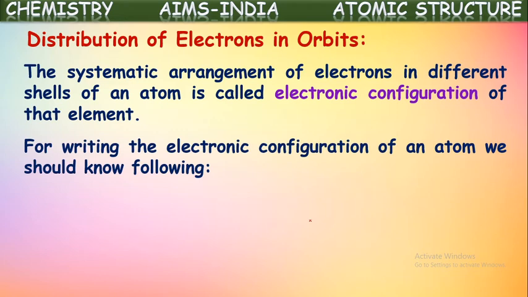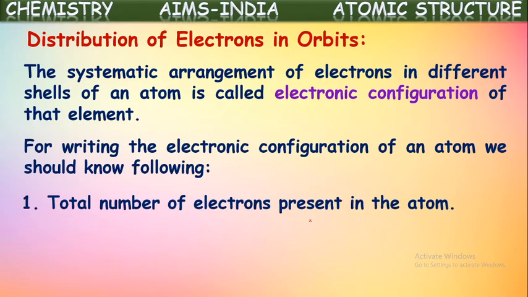For writing the electronic configuration of an atom, we should know certain points. They are the total number of electrons present in the atom. So first we have to know how many electrons are there in that atom so that we can understand how these electrons are arranged later. How can we know the number of electrons present in the atom? Based upon its atomic number.